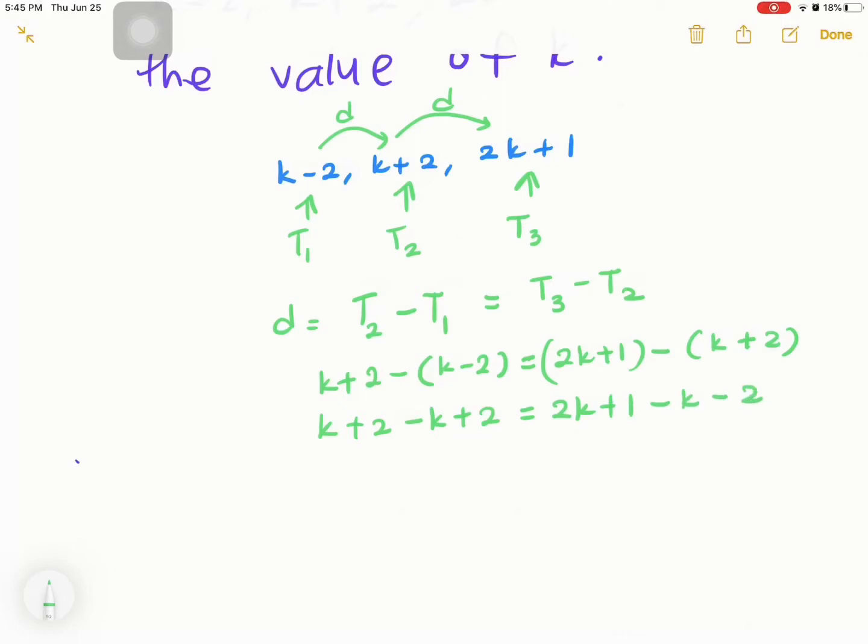If we solve this side by side, k minus k is 0, 2 plus 2 is 4, 2k minus k is k, 1 minus 2 is negative 1. So k minus 1 is equal to 4, so k is equal to 4 plus 1, so k is equal to 5. There you go. That's how you solve problems involving arithmetic progression. Okay, that's all for today.